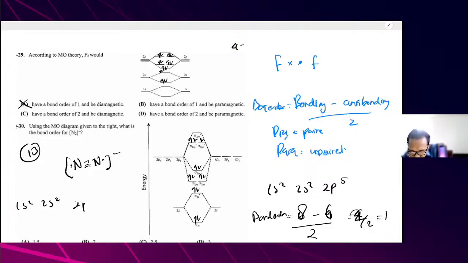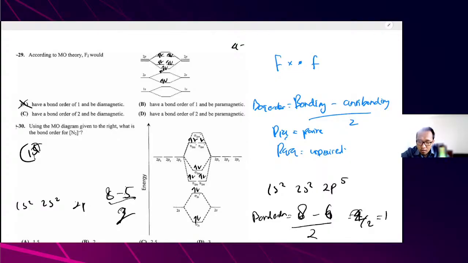Okay. It doesn't make any sense. Oh man, this should be 15, bro. The total should be 15.